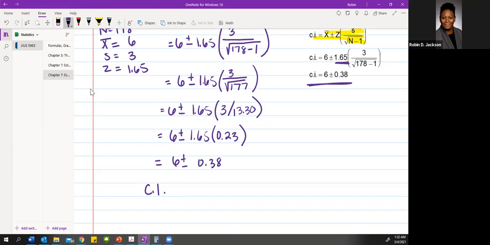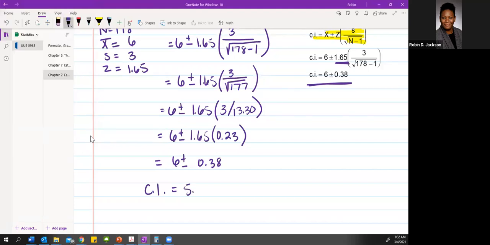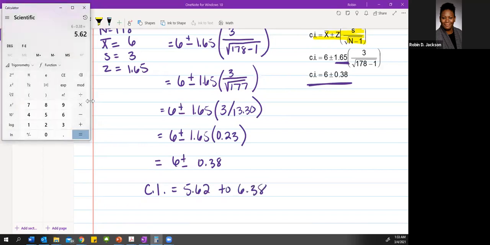The confidence interval is going to be equal to 6 subtract 0.38, which is 5.62, to 6.38. Let me do that addition so you can see it: 6 plus 0.38. That's how you get the 6.38.